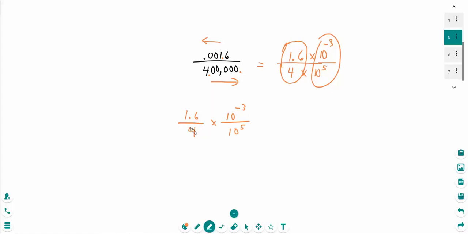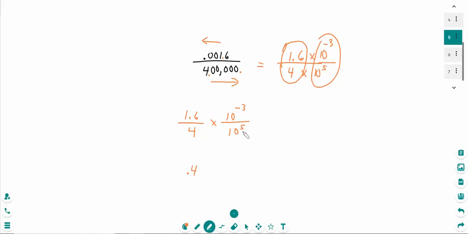Okay. Now, 1.6 divided by 4. You could certainly do that. If you divide that out, take the 1.6, divide it by 4, you'll actually find that that is equal to 0.4. All right. So 0.4 is, then multiply that by 10 to the negative 3 over 10 to the 5th.